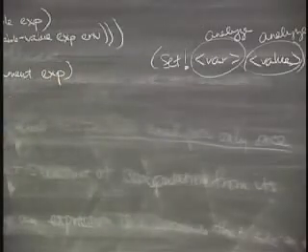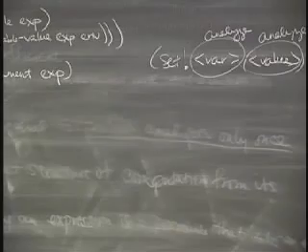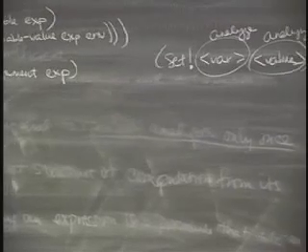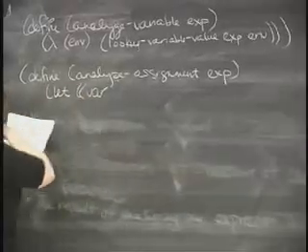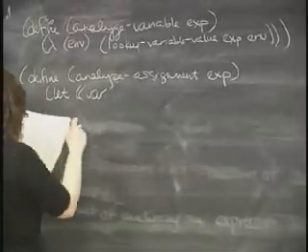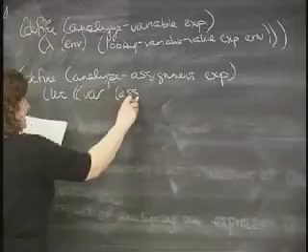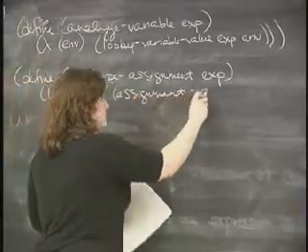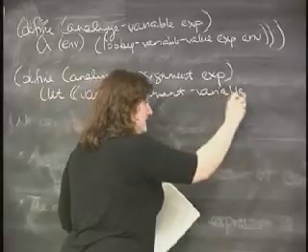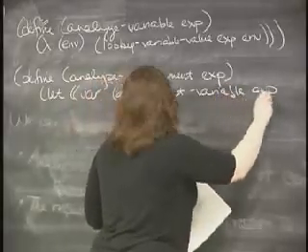Even though it's likely that it's just a variable name, we still need to analyze it. So I'm going to have a let, and I'm going to let my variable actually be the assignment variable. Sorry, lied. Don't need to analyze it.